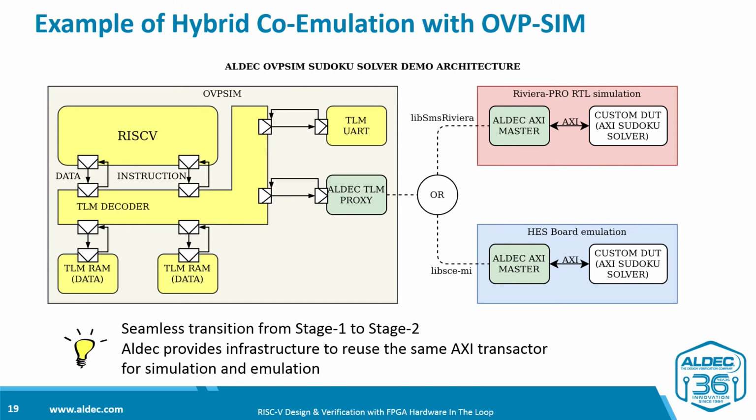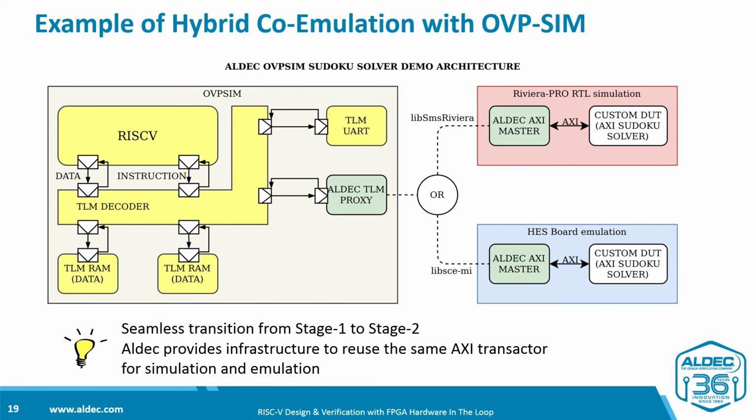As an example of hybrid co-emulation, we have prepared a demo which connects the OVP-SIM RISC-V virtual platform to a custom peripheral, which is a Sudoku puzzle solver hardware IP. The Sudoku IP provides an AXI slave port, and so the Aldec AXI master transactor was used to connect it with the software part in OVP-SIM.